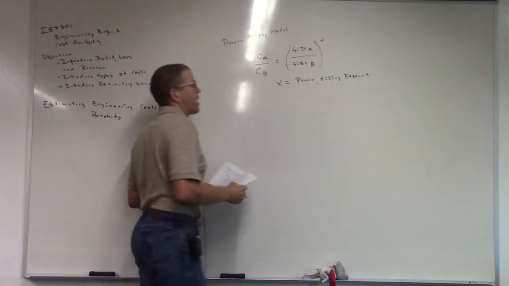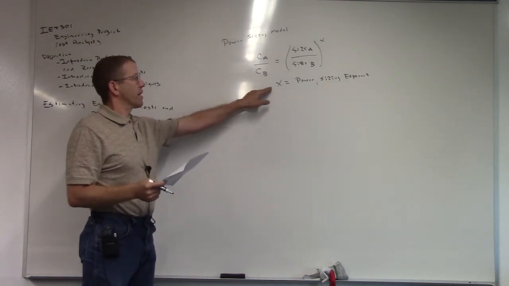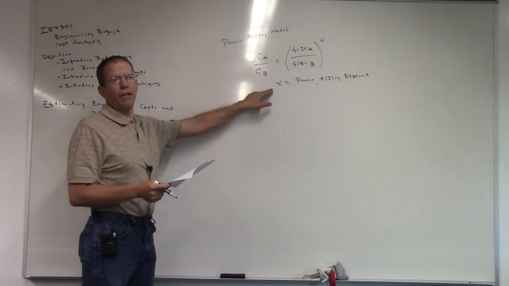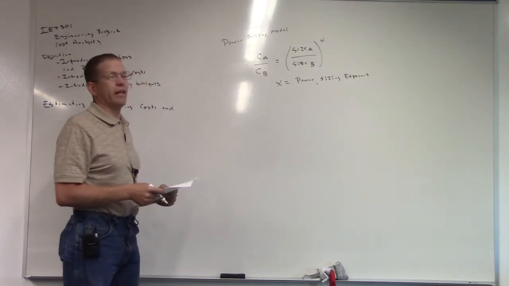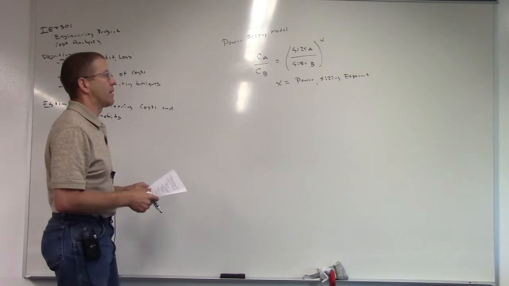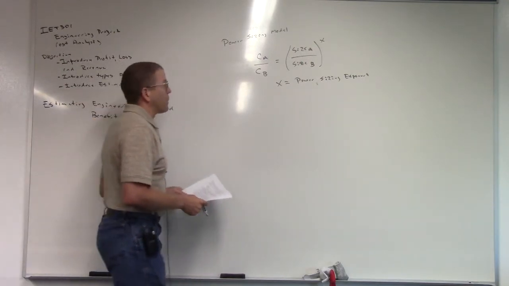And in chapter 2, there is a table that lists out all of the power sizing exponents that you'll need. This is particularly valuable for you on problem number 9. You will need to look in that table to determine what the power sizing exponent is for the scenario that they provide you in problem number 9.